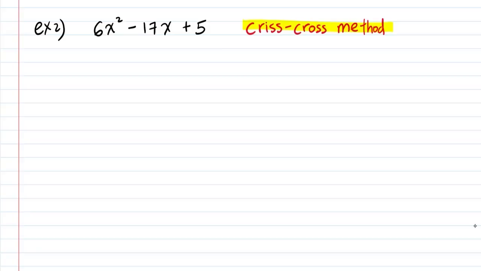So the first step, we're going to pick two numbers that multiply to the first term. Just to remind you guys, when you're doing trinomial factoring, make sure you have the trinomial written in descending order, which means you have the x squared term, then the x term, and then the constant.